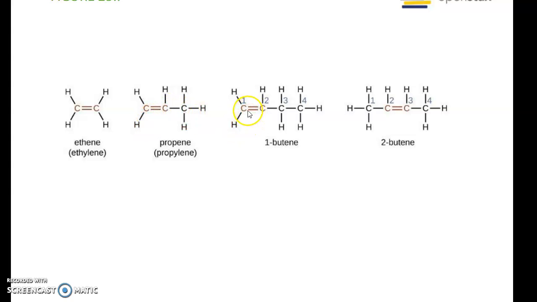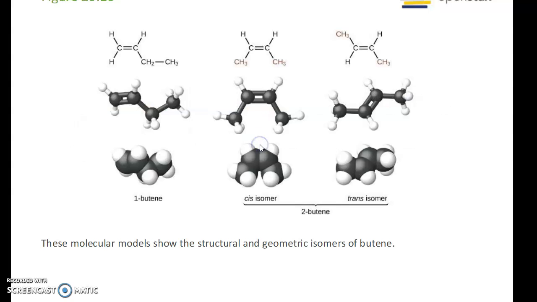Once you get out to more than that, this has to be 1-butene, and if it's here, it's 2-butene, right? You try to get the smallest number possible, but it doesn't matter whether you start counting from this end or this end, this is going to be 2-butene. If you started counting the other way, this would be 3-butene, and that's a much larger number, so we don't want to do that.